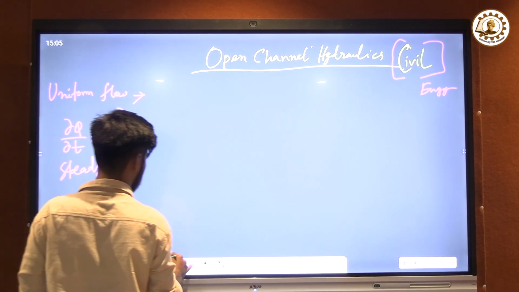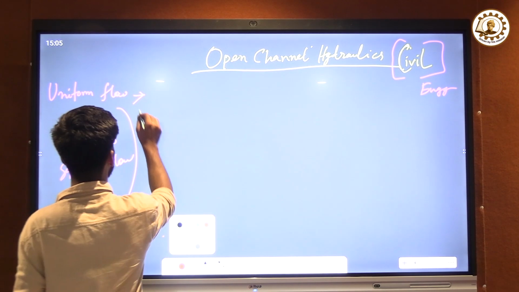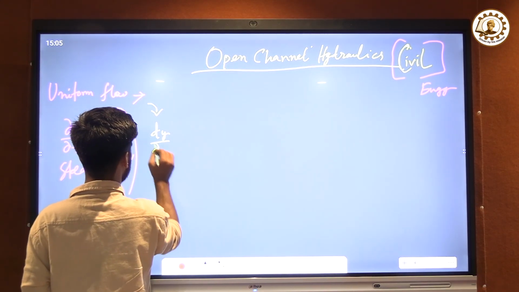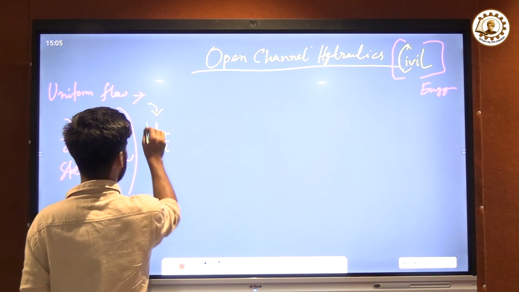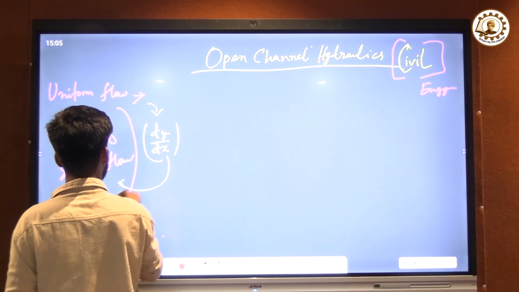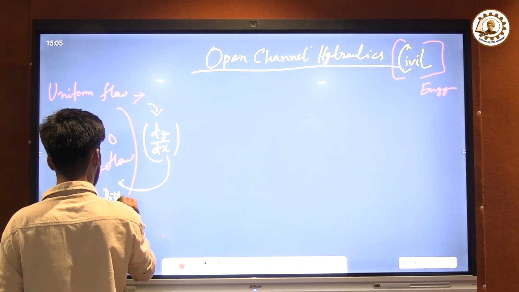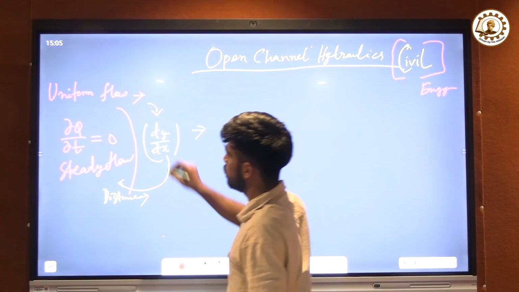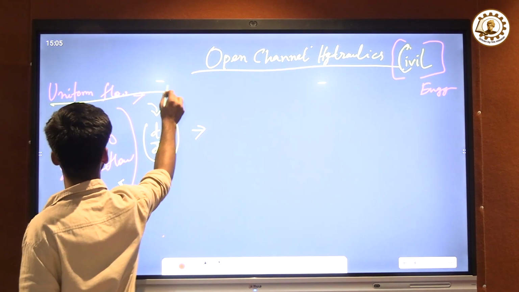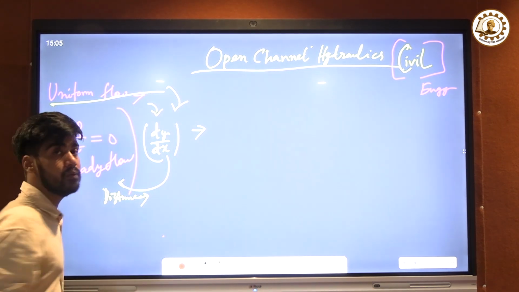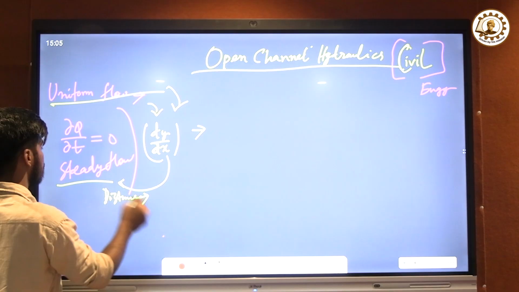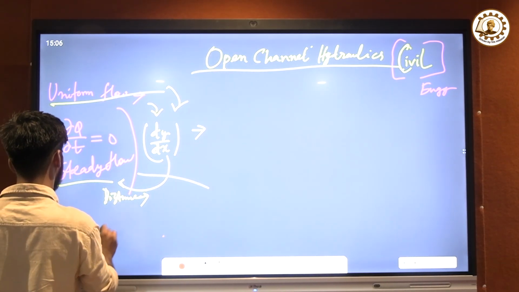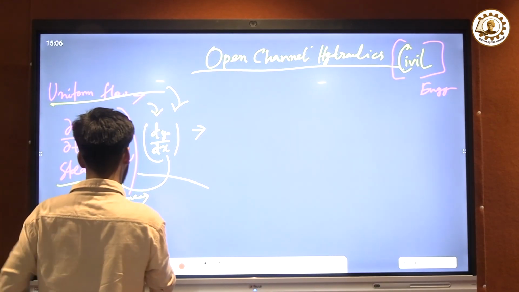Well, when the flow depth doesn't vary with respect to space or distance, here it is x, then we can classify the flow as uniform flow. If the flow has both properties, then we call it steady uniform flow.